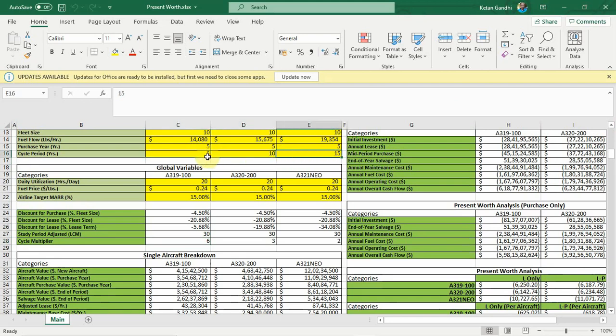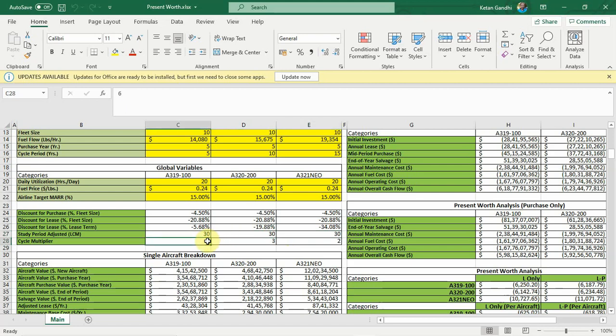So it's 5 for A319, and then 10 years for A320, and A321 Neo has 15 years of cycle period. So based on the performance, when we add up 5 plus 10 plus 15, we get 30. So 30 is the study period. Here you can see 30 is the study period.